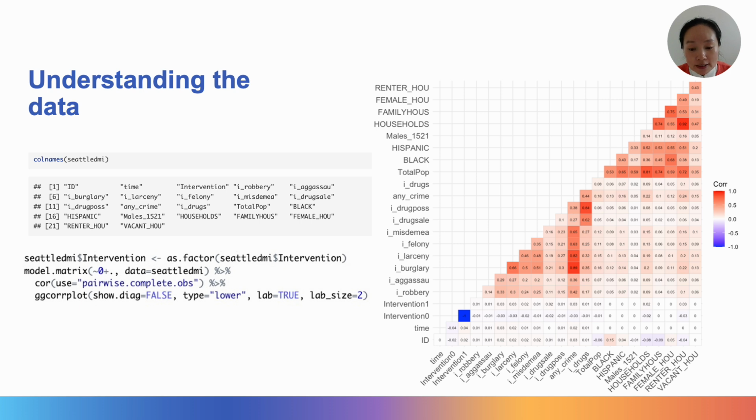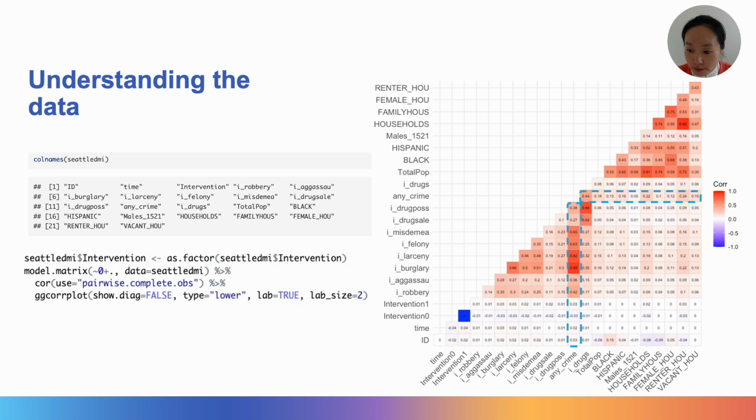Then using the code on the left-hand side, we can produce the correlation matrix figure on the right-hand side. Because we're going to look at any crime as an outcome variable, we are going to focus on our outcome variable mainly.